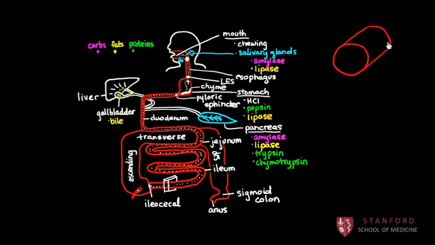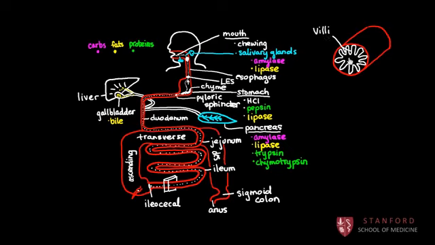And that tube on the inside is going to have these finger-like projections. And these finger-like projections are called villi. So this is a villus, but I'll write the plural term, which is villi. And I'll make this arrow point to two of them so you understand that that's the plural term.